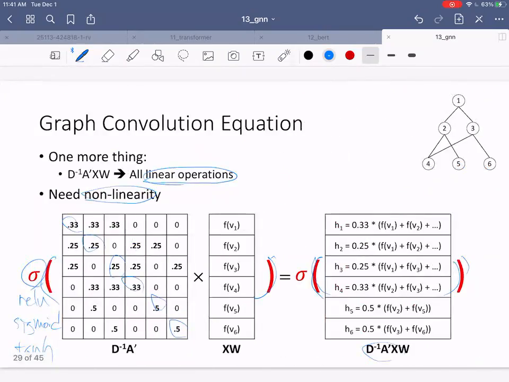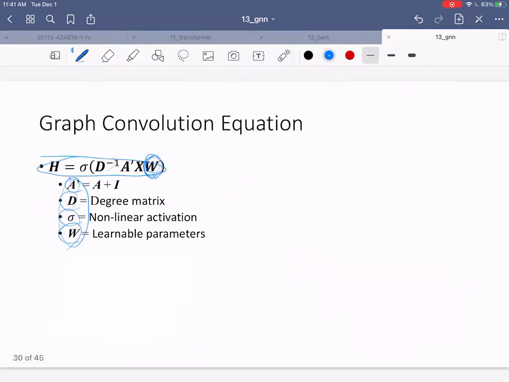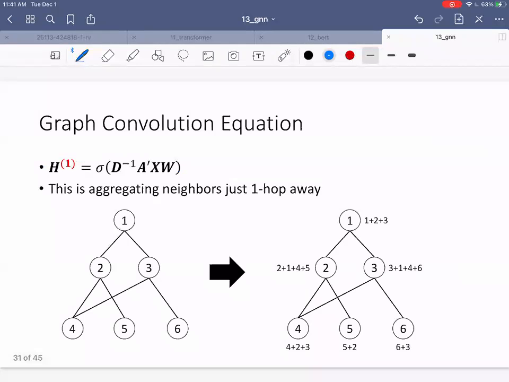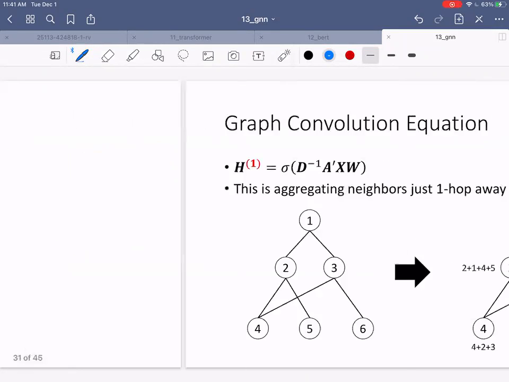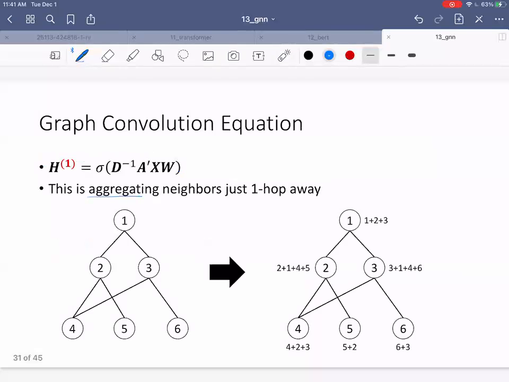Alright. So this equation is the essence of graph convolution. What we did so far is just take a look at a single graph convolution, which means that this is an aggregation of neighbors just one hop away. So given this graph, we do some nonlinear D inverse A prime XW.